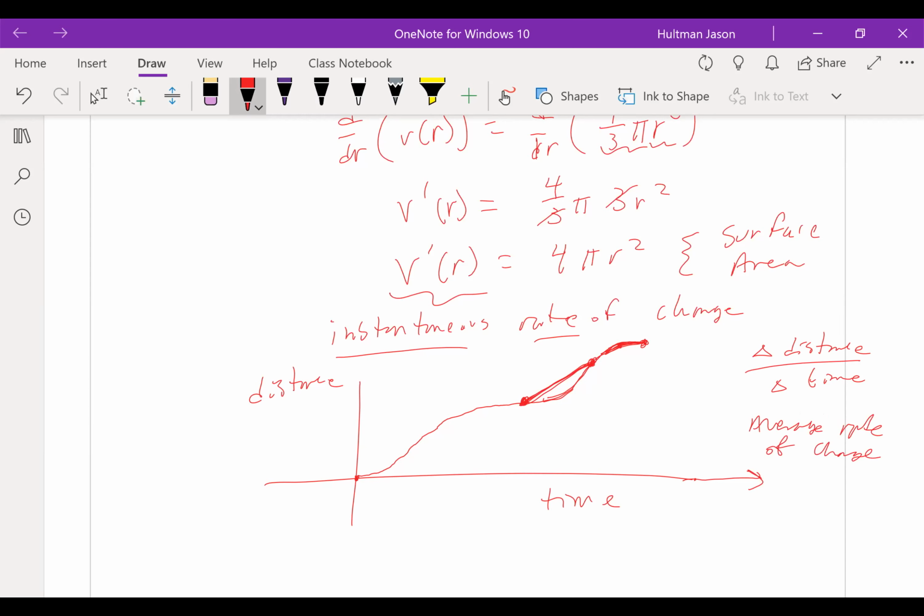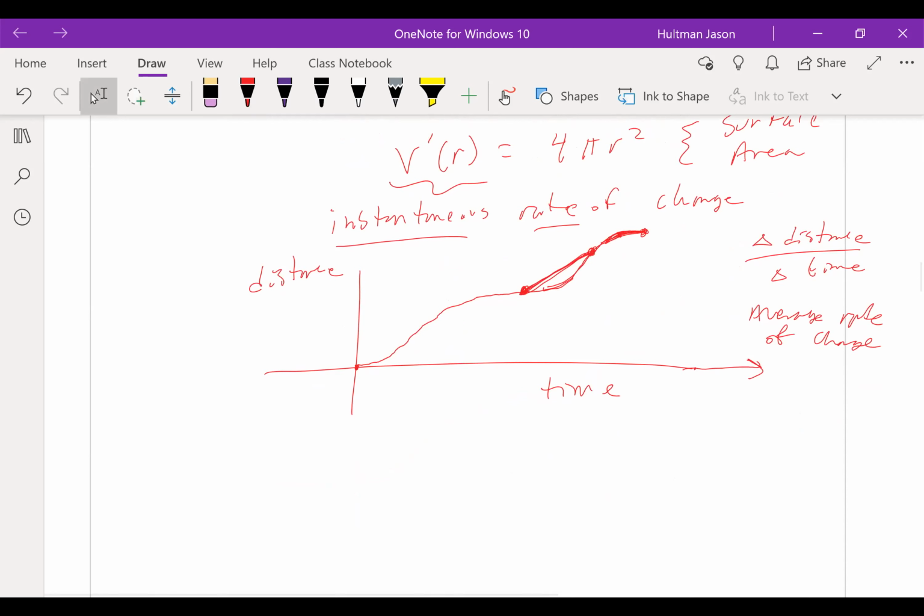How can I use this analogy here? Well, let's look at time here. We'll say 5 seconds and then 10 seconds.